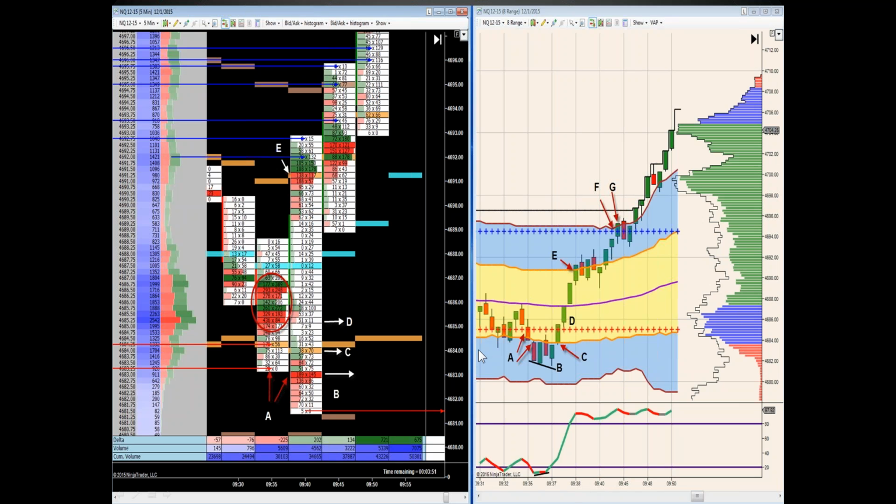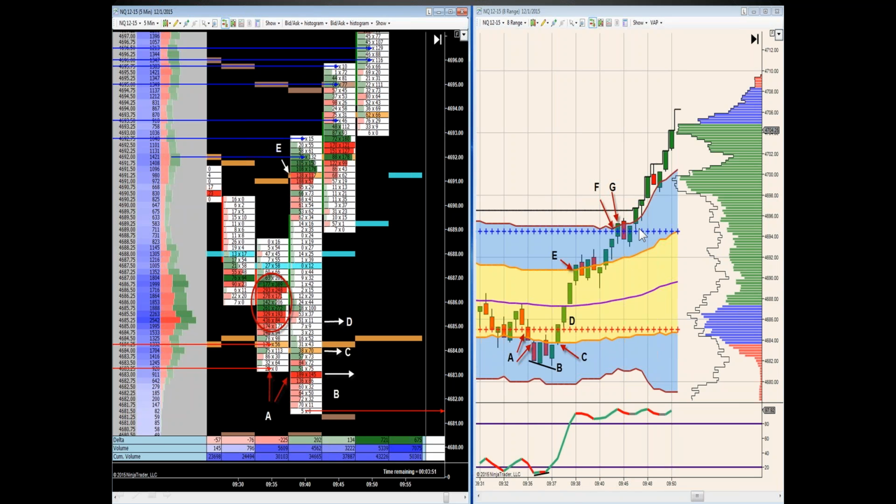So basically what we would be looking for, as mentioned, is we could take breaks of the low value area here for a short. We can take bounces off this area for a buy. We can do the same on this red plus area here. That's the previous day's.